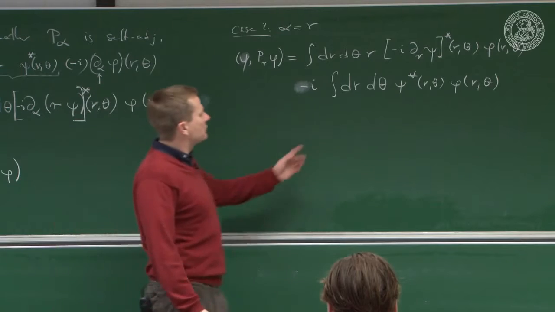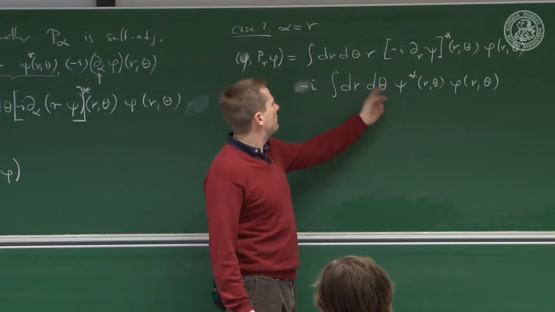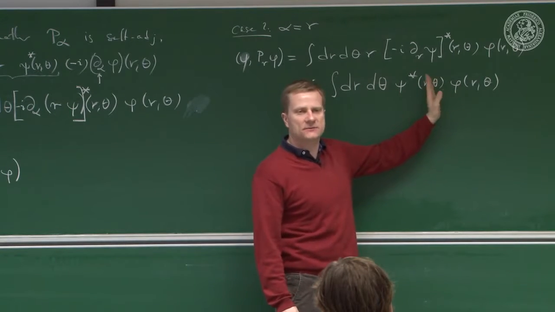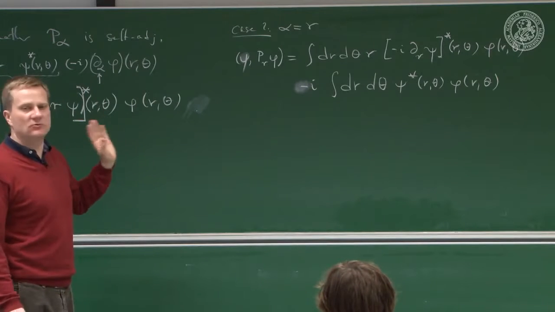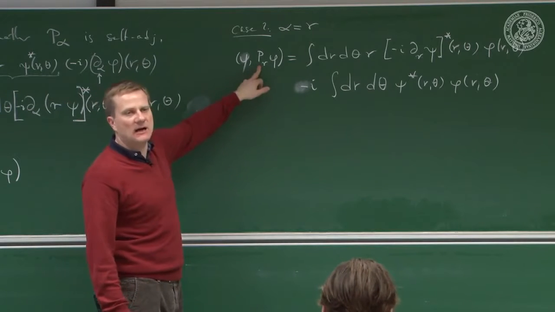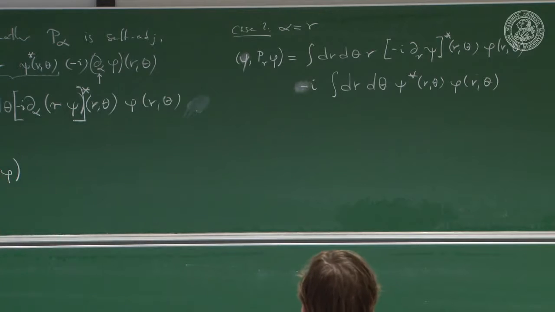But you see the problem, this is not the proper volume form here. There's an r missing, so this is not psi phi or something. This is just some other extra term we just don't want, because it renders this p_r non-self-adjoint. What do we do?